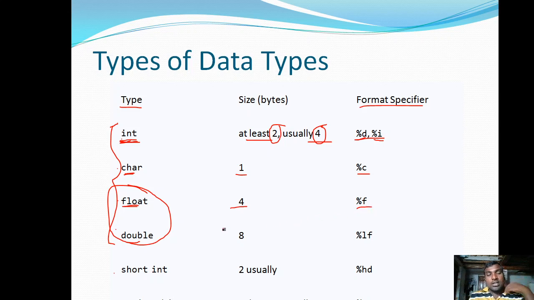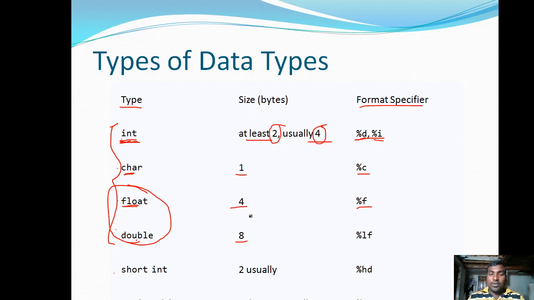Now coming to the double data type. Double requires 8 bytes of memory, which is generally double the size of the float data type. The size is increased compared with float, so it can handle larger fractional values.